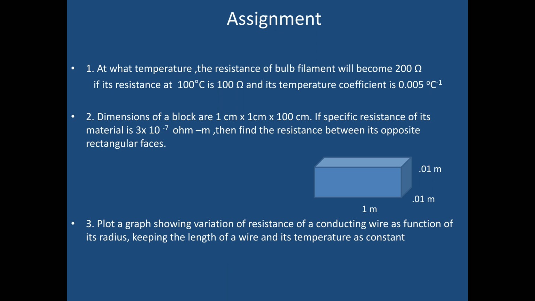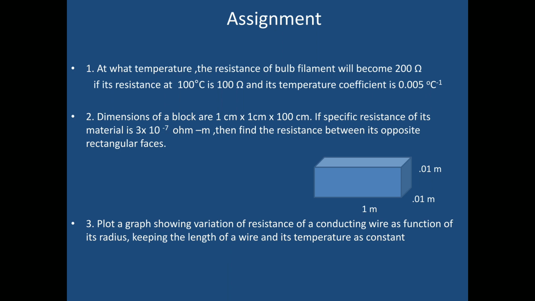Here we will use the formula of the temperature coefficient of resistance, that is alpha is equal to R dash minus R upon R times T dash minus T. So T dash minus T will be calculated, and since T is known to us, T dash can be calculated.